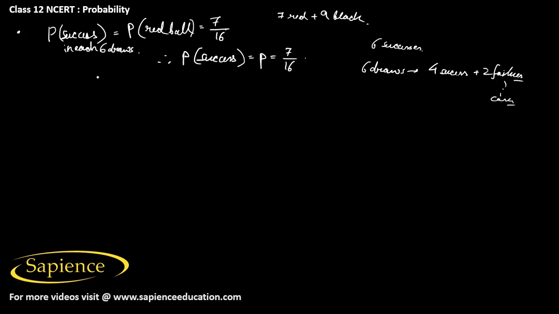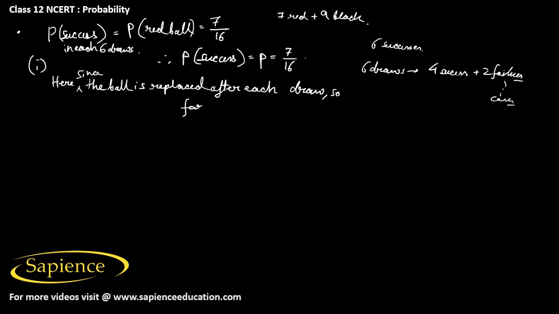Here, since the ball is replaced after each draw, for each trial the probability of success is fixed.